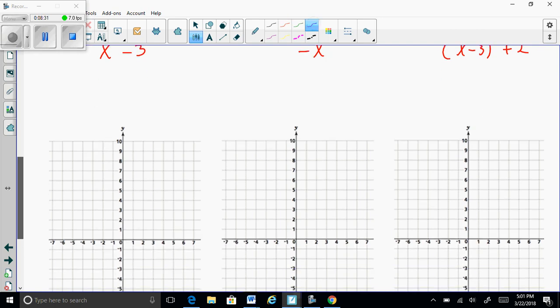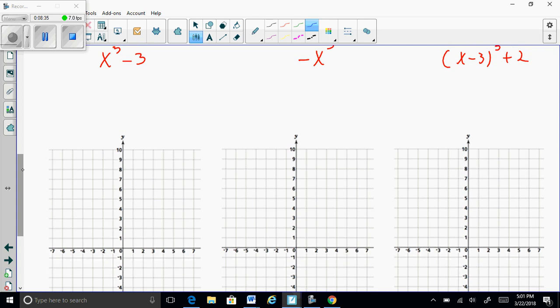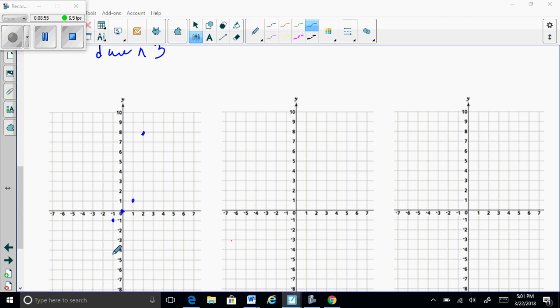Okay. So looking at this first one, it should be pretty obvious that we're going to go down 3. And so I'm going to plot a couple of these points of the original one. So I'm plotting quite a few of them, and all the way down to -8. So if you cube -8, -2 times -2 times -2 is -8.